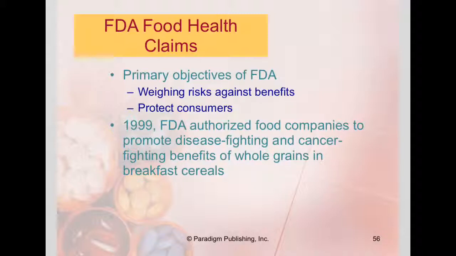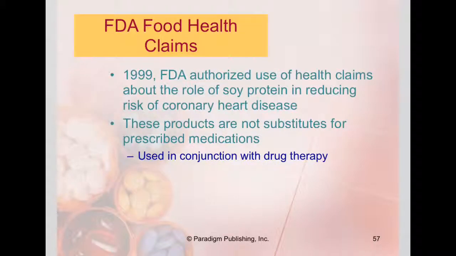So if your food contains 51% or more of whole grain ingredients, they can market that their food is disease or cancer fighting. In 1999 also, they authorized the use of health claims about the role of soy protein in reducing the risk of coronary artery disease. These products are not substitutes for prescribed medications.